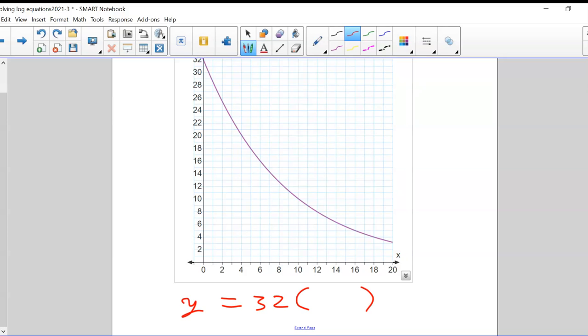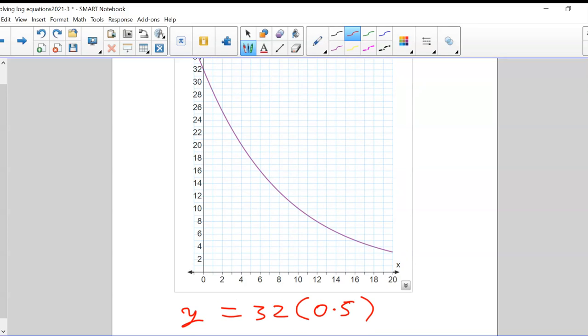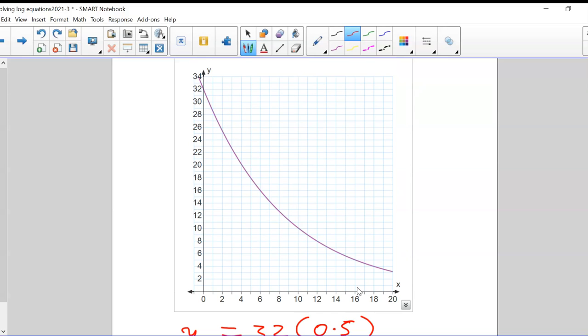What base do you think we're going to use this time, Harish? What are you thinking in terms of the base this time? 0.5. Because we're using the half-life model this time. Can we take it back up and have a look at that? So if you know how to come up with it, because it's obviously a half-life, what would you say the half-life of this equation is, Harish? What's the half-life of this equation?